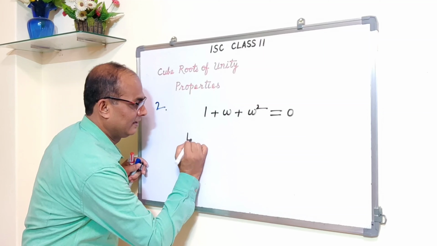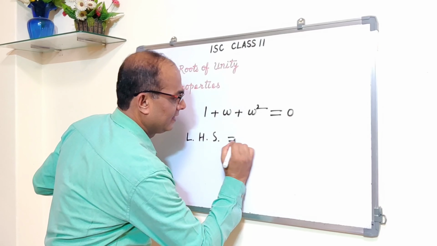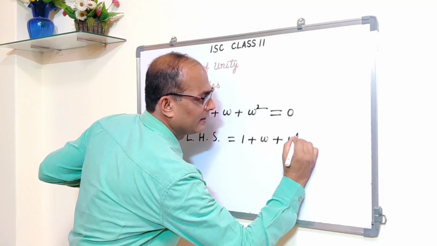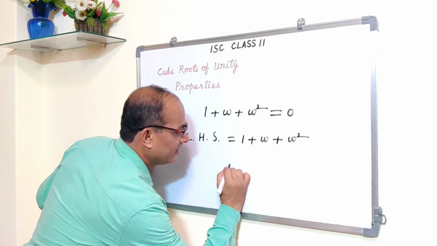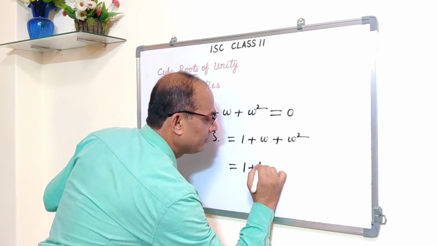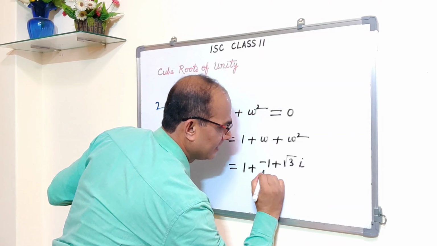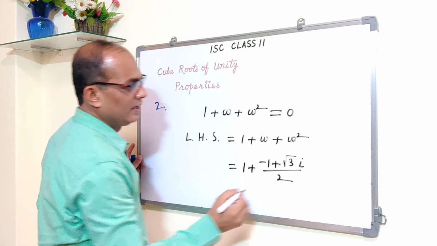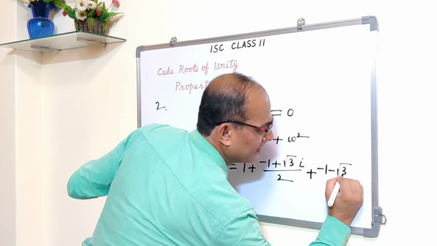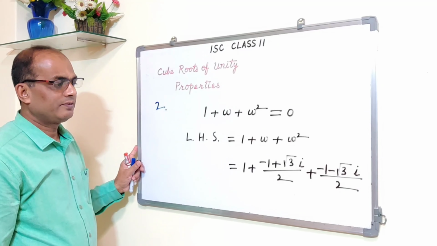Left hand side is equal to 1 plus omega plus omega square, and this is equal to 1 plus omega means minus 1 plus root 3i upon 2, and omega square is minus 1 minus root 3i whole divided by 2. Fine.